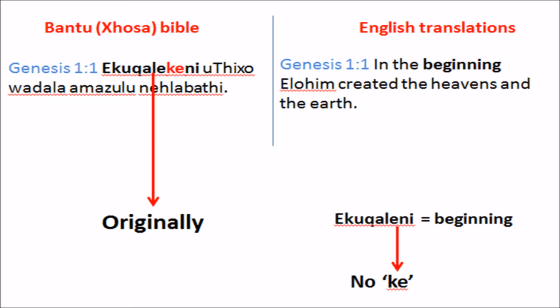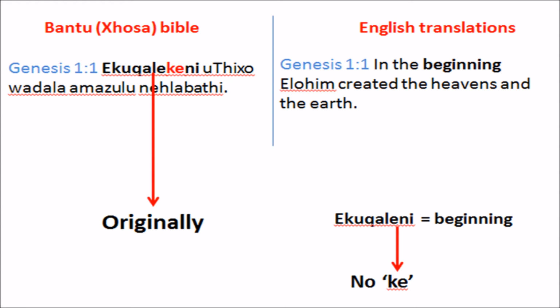Originally, he created, because it could have said ekuqaleni, which means in the start, in the English part. So if the person was translating from English, then it would have been in the beginning. That means at the start, okay? At the start of everything. But now here, if you look at it backwards, ekuqalekeni means in the origin.